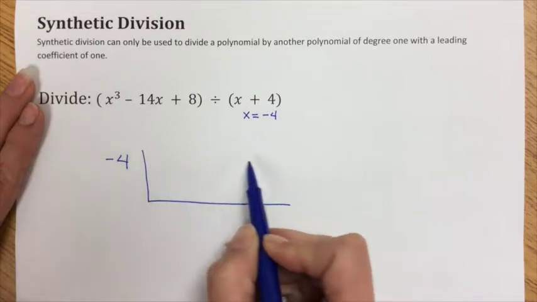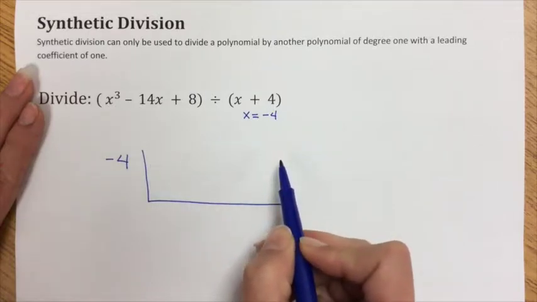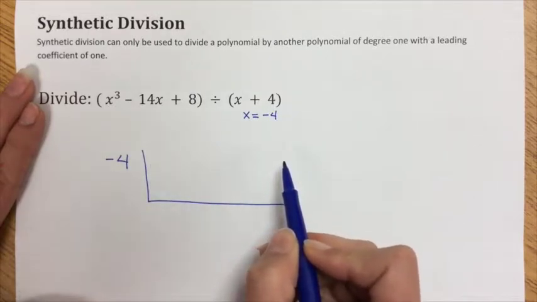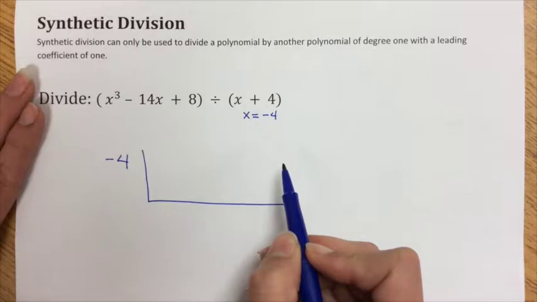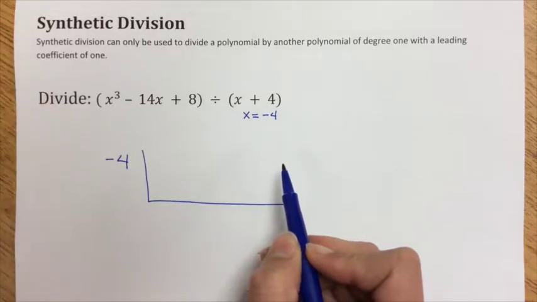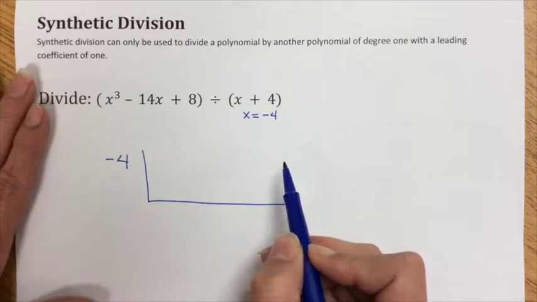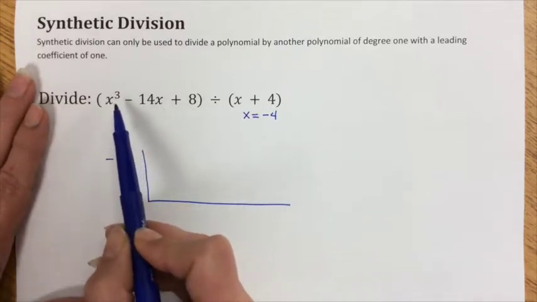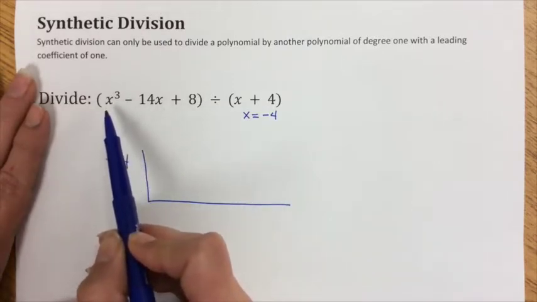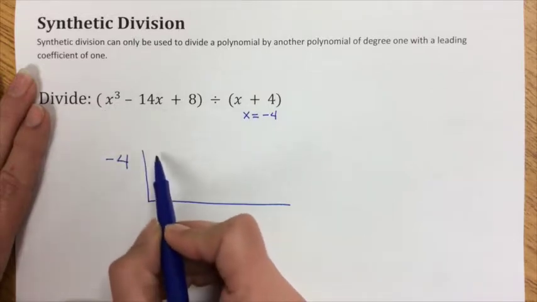Now, along this first line right here, we're going to put the coefficients of all of the terms in the dividend, or what we are dividing into. We need to make sure that we put in zeros as placeholders for any missing terms. So we're going to start with the highest degree, which is 3, and use its leading coefficient, so 1.